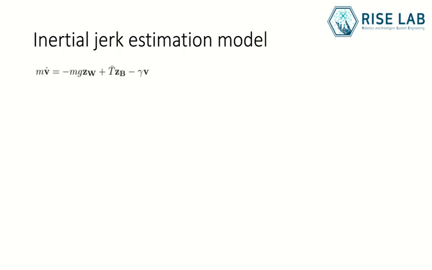So going forward to the development of the inertial jerk estimation model, we start with the previous expression for the translation dynamics. We take the time derivative of this expression and solve for the jerk. This step is a middle step in proving that the dynamics of this model are differentially flat.